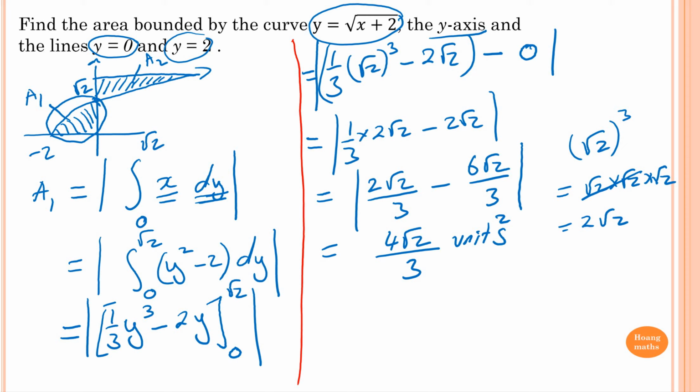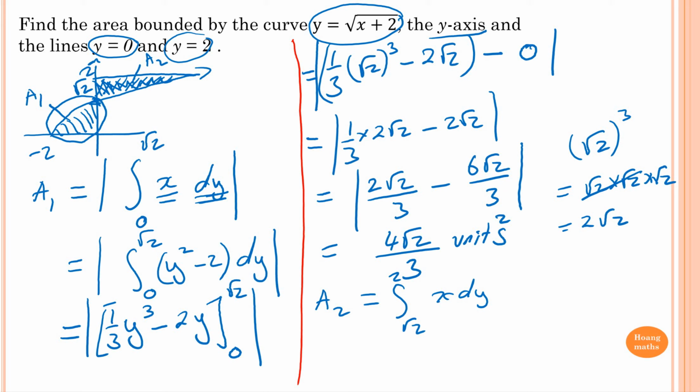Now area 2, A2, is from root 2 all the way to 2. This is the area here, and it's positive, so we just integrate from root 2 to 2 of x dy, because x is a function of y.